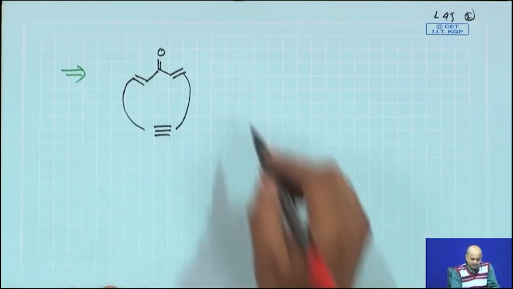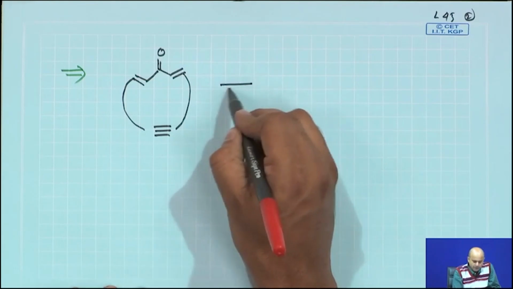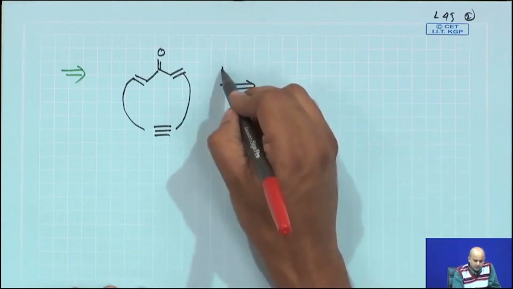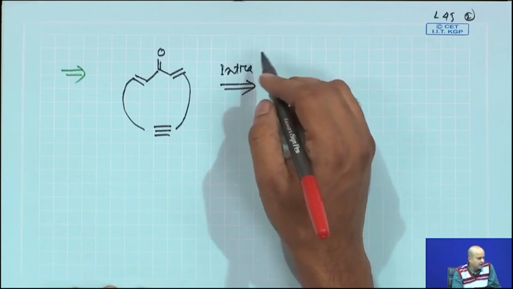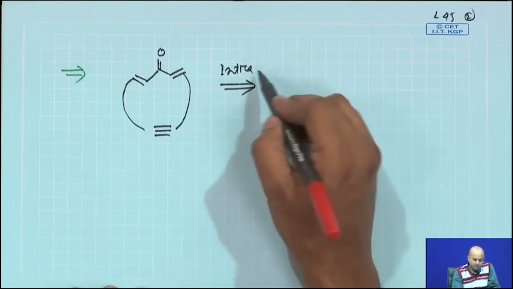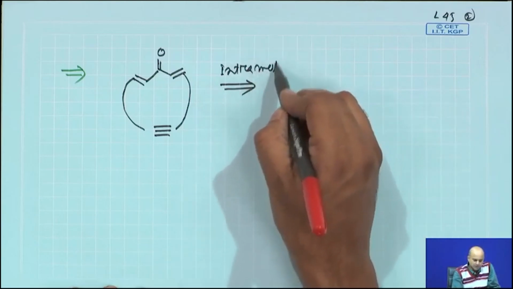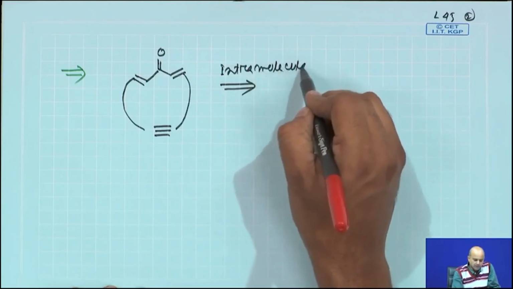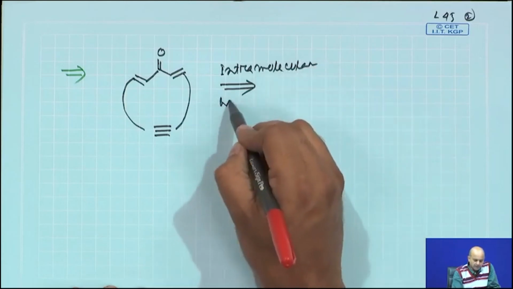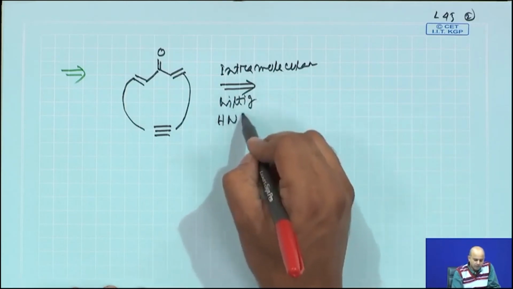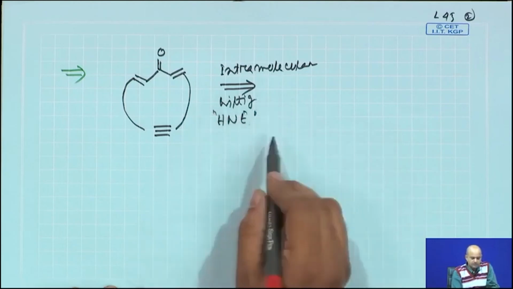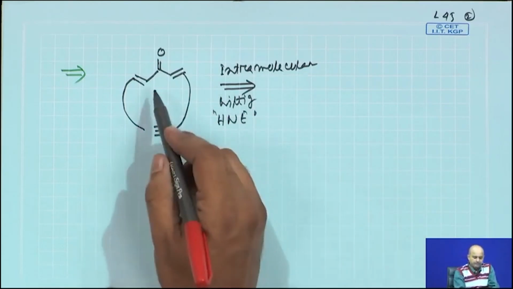Now I am saying that we will try to do an intramolecular Wittig reaction to construct this compound, or you often talk about this reaction, the Horner-Wadsworth-Emmons reaction.